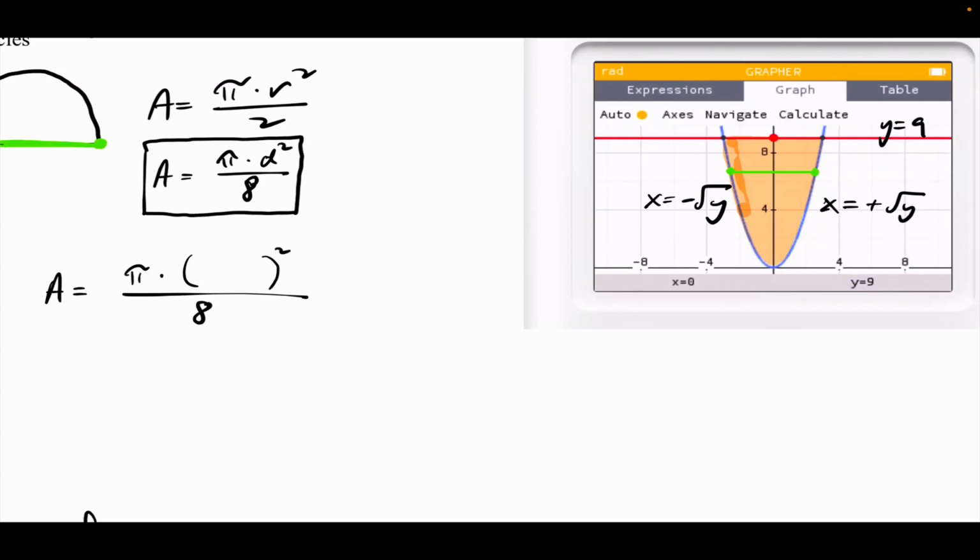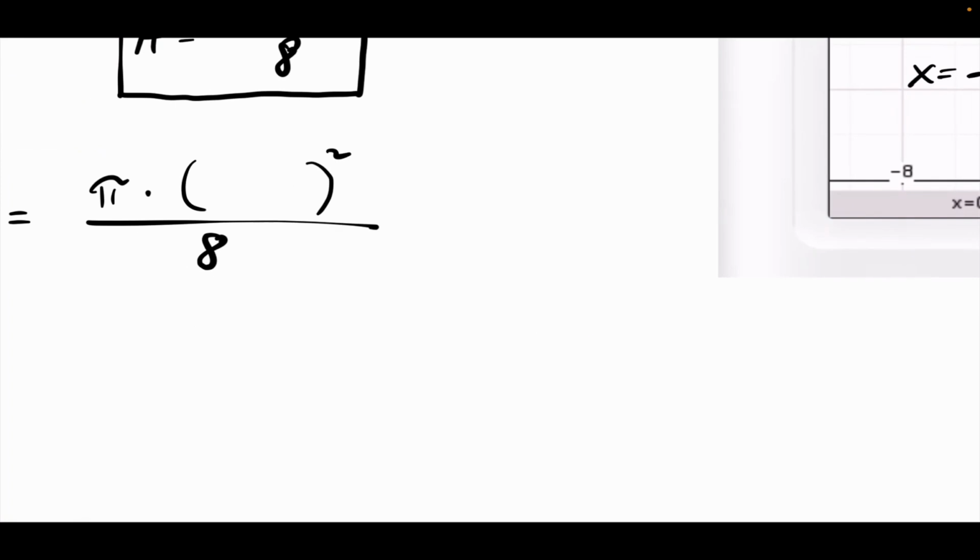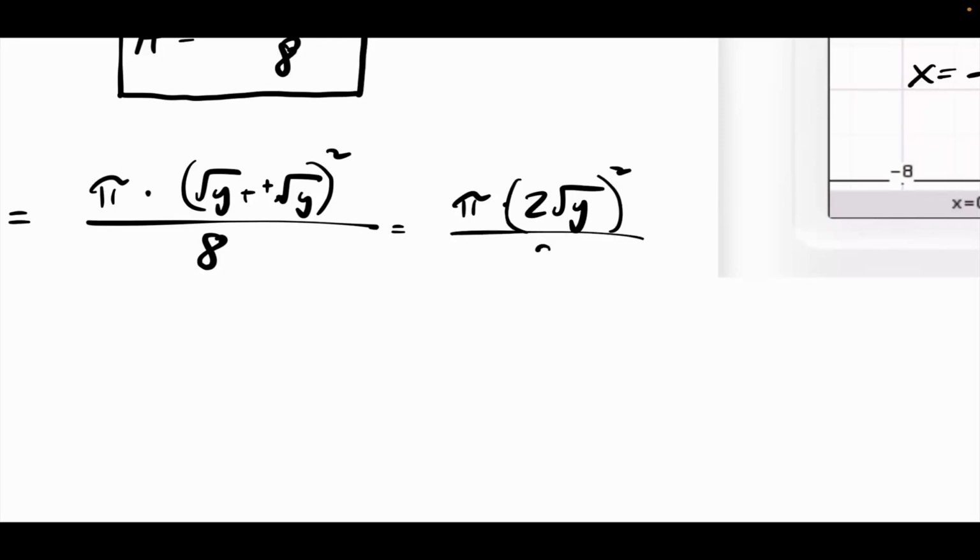So this is going to be positive square root of y minus negative square root of y, which ends up being positive, right? So I get 2 square root of y, and this is squared over 8.